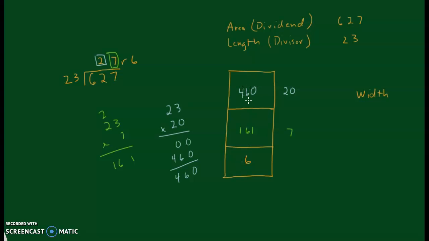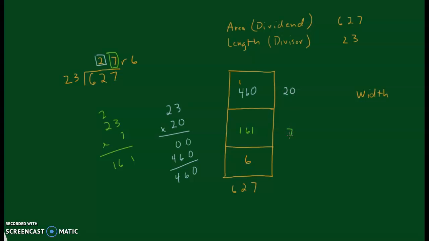If we add these together, it should equal 627. So 0 plus 1 plus 6 is 7. 6 plus 6 is 12. 1 plus 4 plus 1 is 6. So it equals 627. On this side, we're going to add up the numbers on the outside.